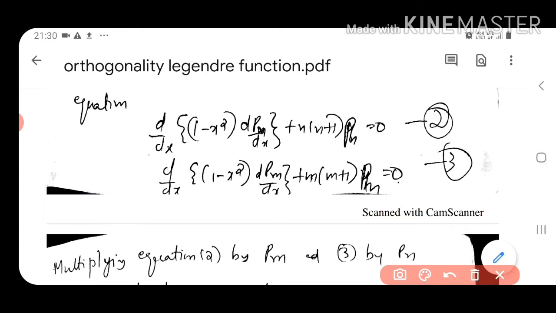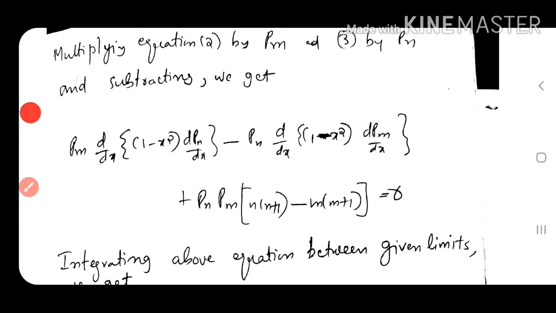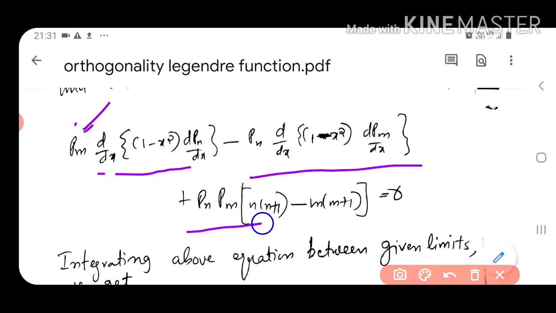So what we get, we will be getting this. And then we subtract. We are multiplying the first equation by Pm and the second equation by Pn, and then we subtract. So as you subtract, you will get this is the first term, and the second term will be this.